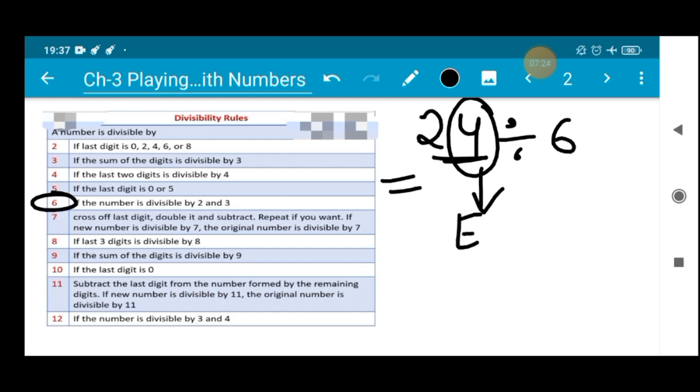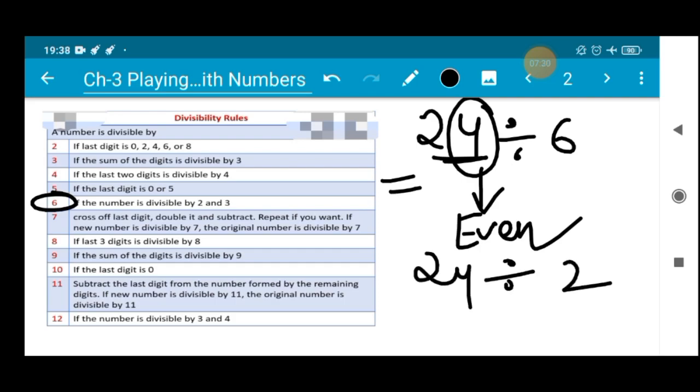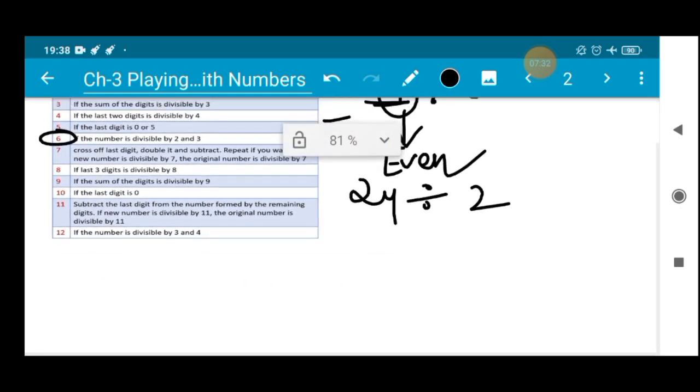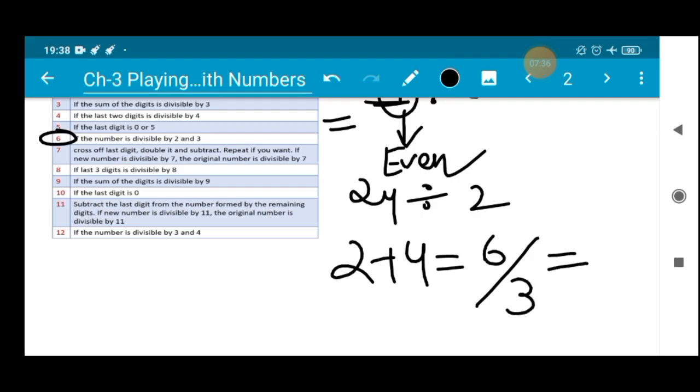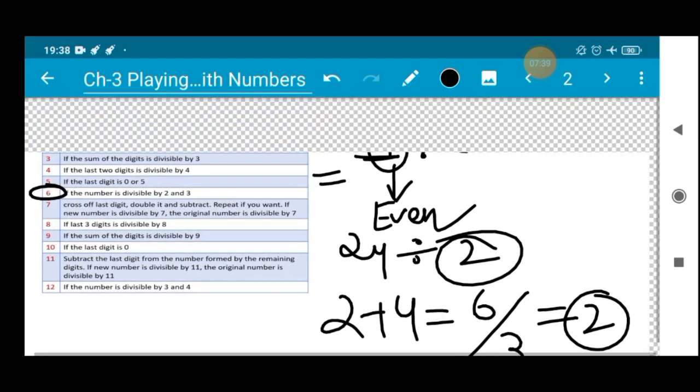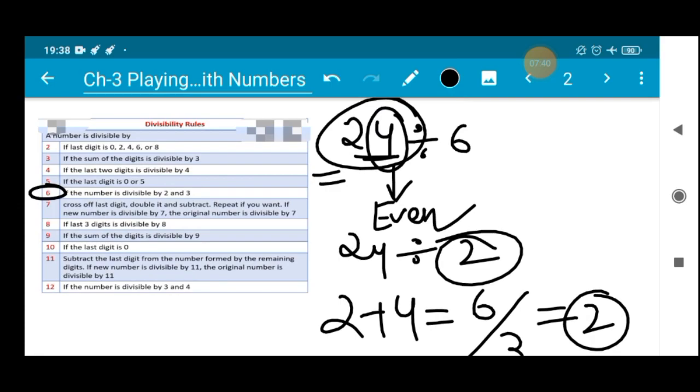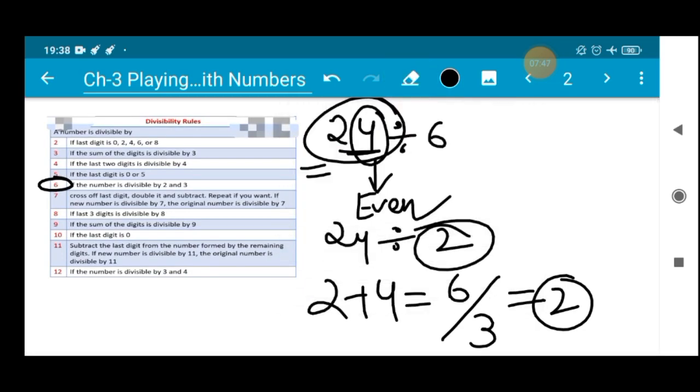So this 4 is an even number, so 24 will be divisible by 2. Now we have to check for 3. So add it: 2 plus 4 is 6. Now divide this by 3, 3 twos are 6. Yes, in both cases it is divisible. So now you can say that 24 can be divided by 6. So this is the way of checking it.